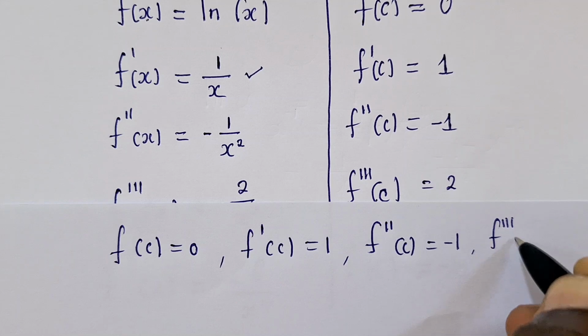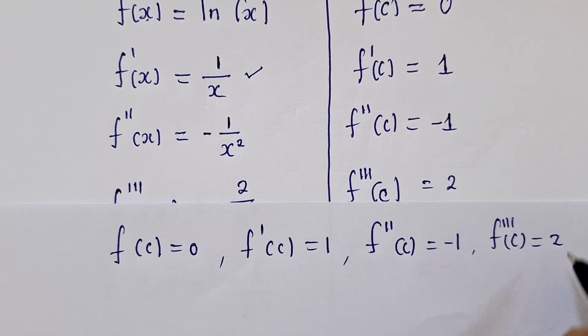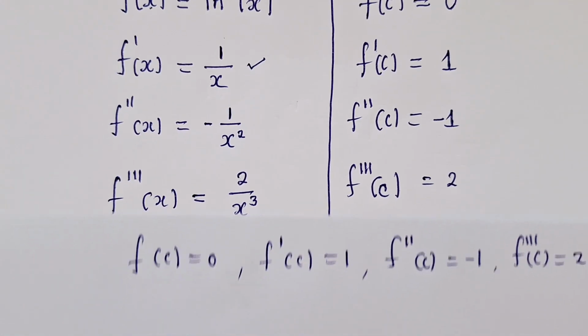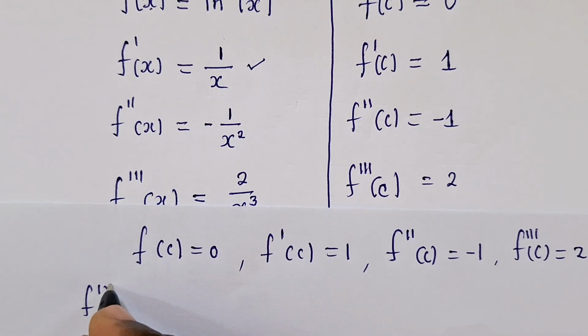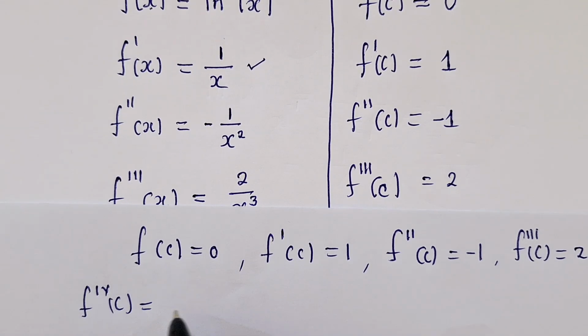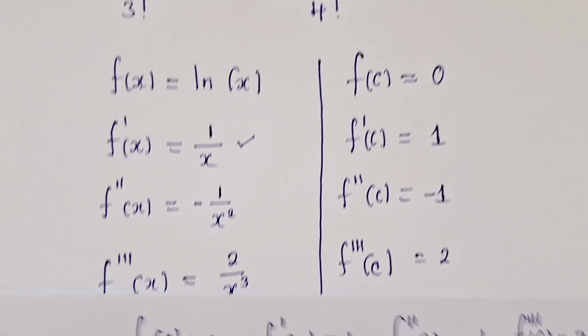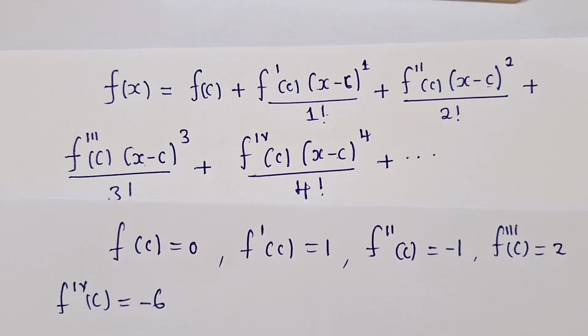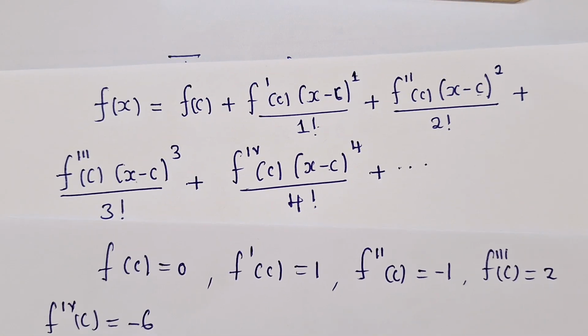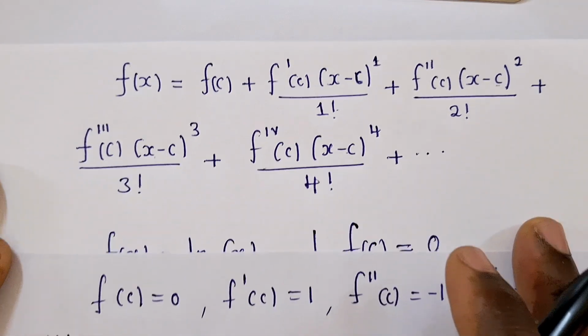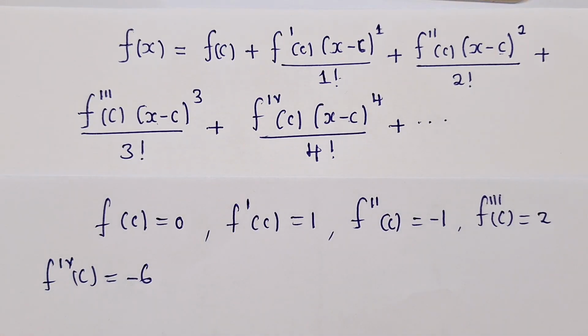F triple prime of c is equal to 2. Lastly, f fourth derivative of c is equal to negative 6. So now, looking at the formula that we have, this is a formula. I don't want you to mess up. This is a formula. So we can start plugging in.